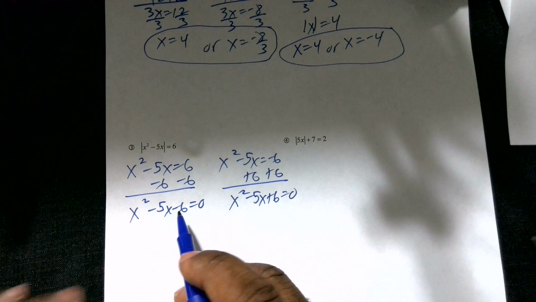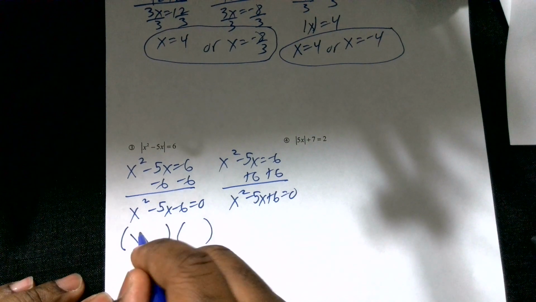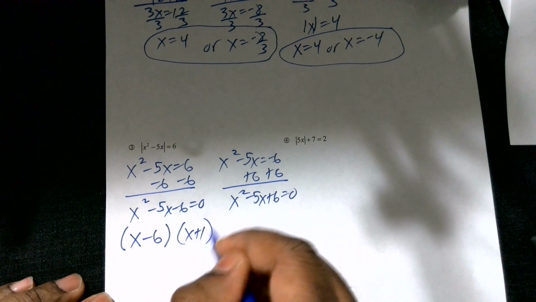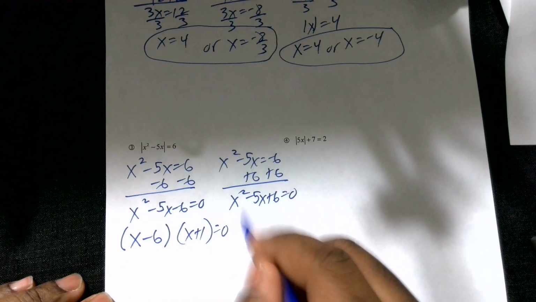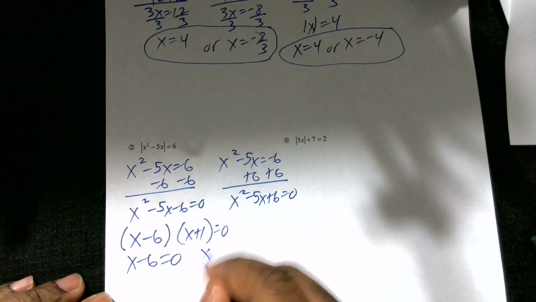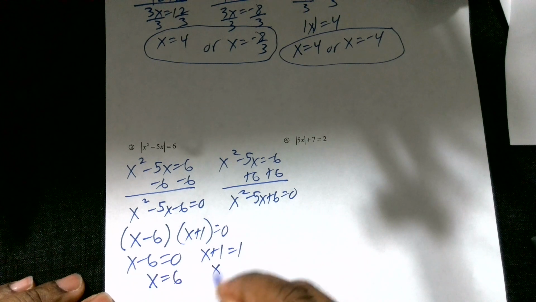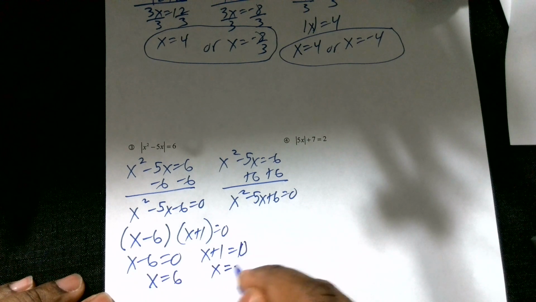Now we need to factor this. To factor this here, we will have x minus 6 and x plus 1 equals 0. And then we will set both of these equal to 0. And then we will end up with x equals 6 and x equals negative 1.